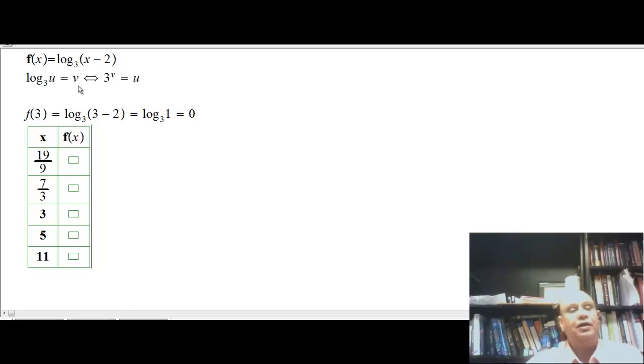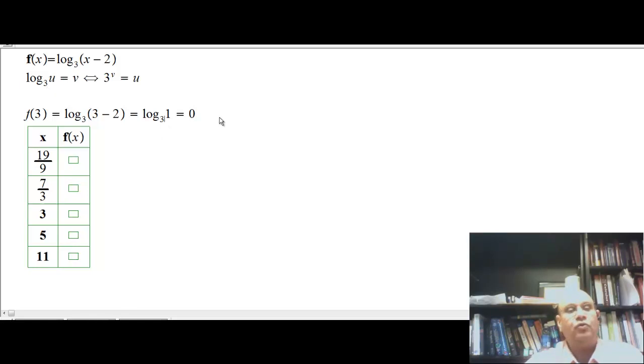In this case, 3 minus 2 is u, so 1 is u, and the log base 3 of 1 is v. This 3 is the base, as we indicated here.